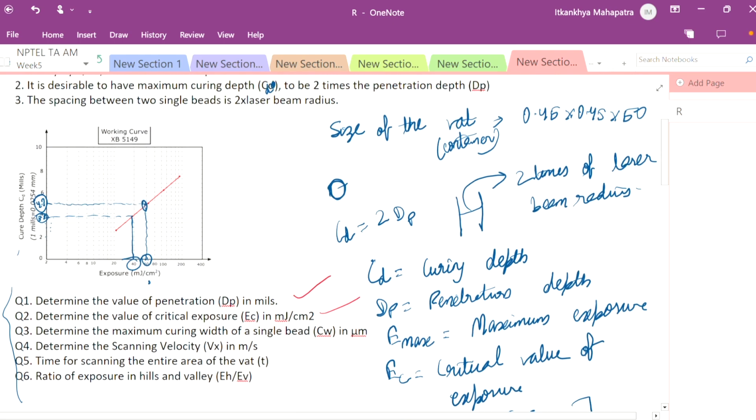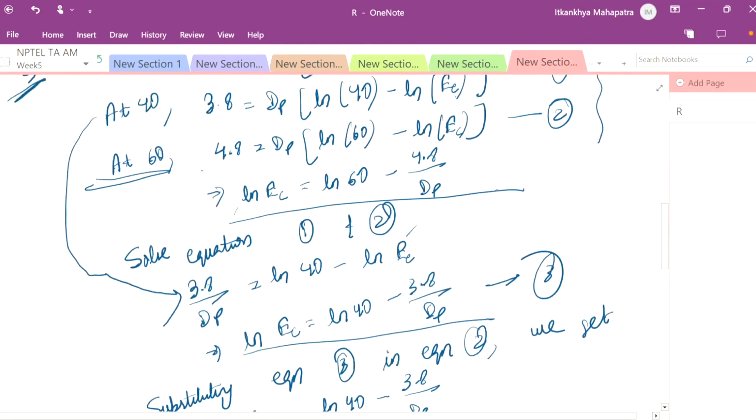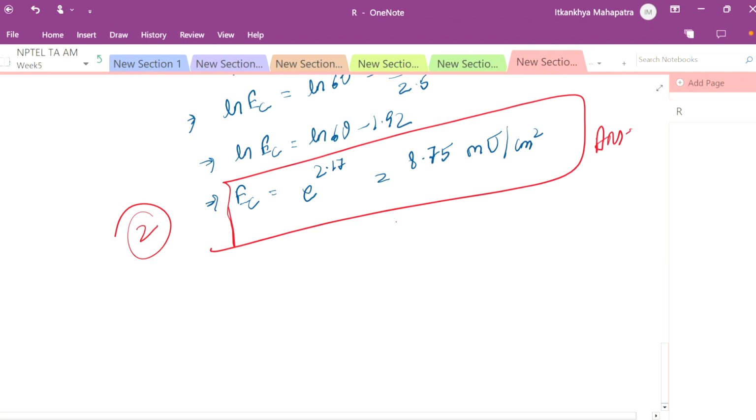Now the formula for single bead curing width, the maximum curing width, can be found through maximum energy.